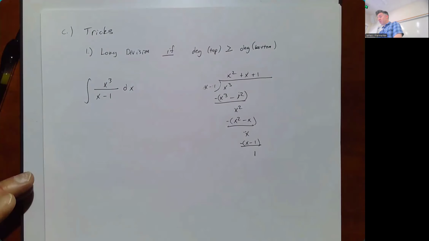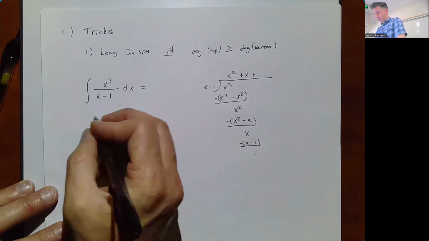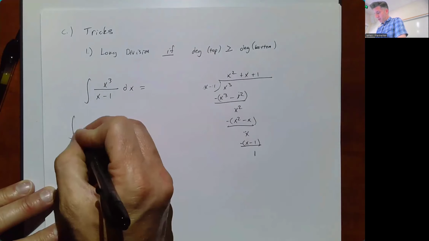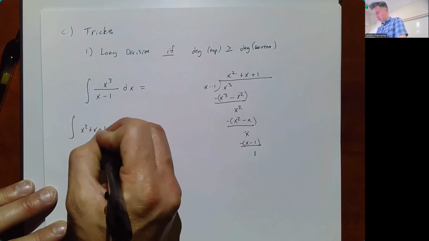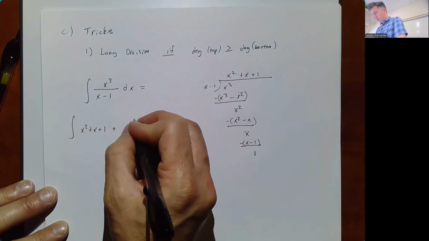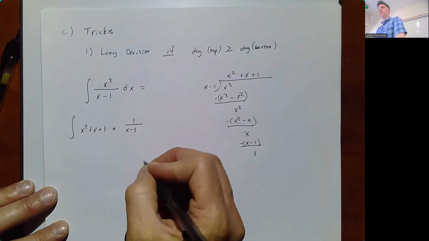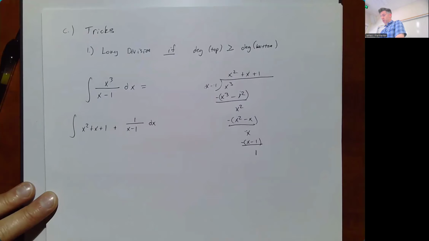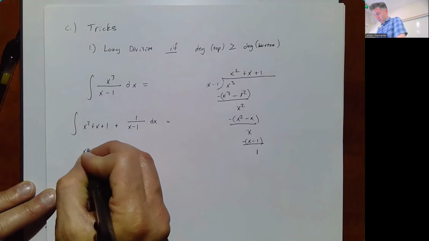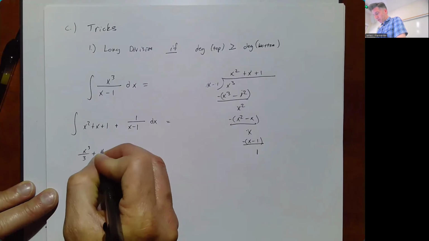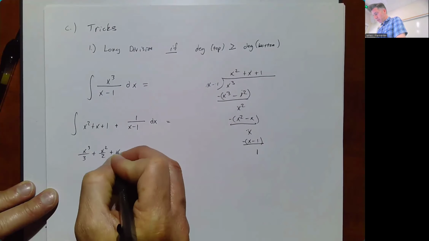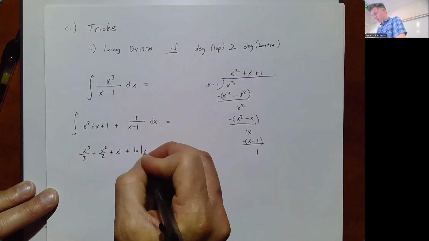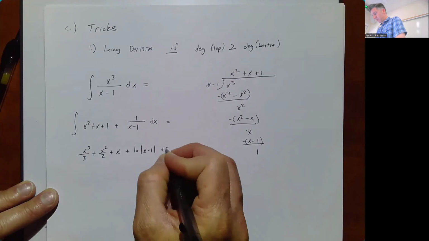So then we can rewrite the integral as the quotient, x squared plus x plus 1, plus the remainder divided by the divisor, 1 divided by x minus 1. And then we can anti-differentiate this. We're going to get x cubed over 3 plus x squared over 2 plus x plus the natural log of the absolute value of x minus 1.